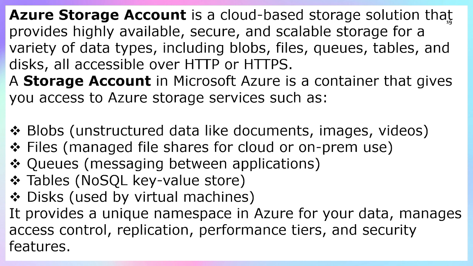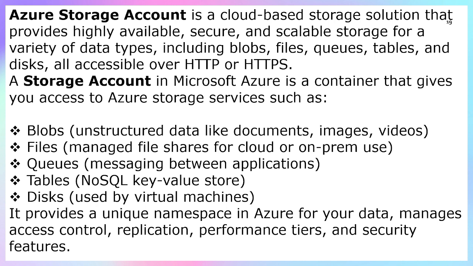Now, it provides a unique namespace in Azure for your data, and manages access control, replication, performance tier, and security features. Each of these has a different meaning. For example, managing access control means how we manage your data, that is, who can access it and from where.